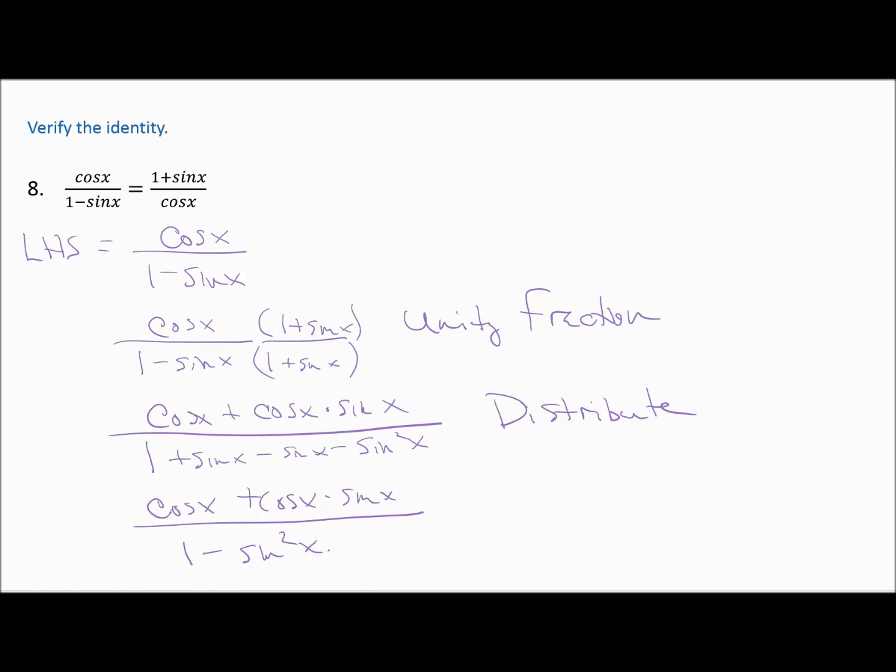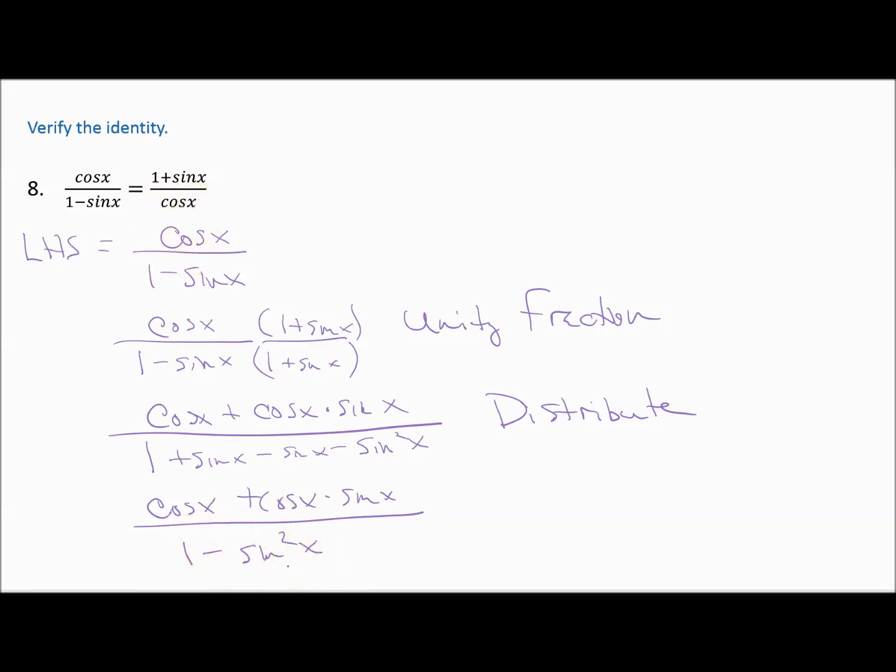Now, before you jump in right here and change that to cosine squared of x, which it is, look at where we're trying to go. We started with the left-hand side, so we do need to change that, because it's only a cosine down here, so I've got to start somewhere.